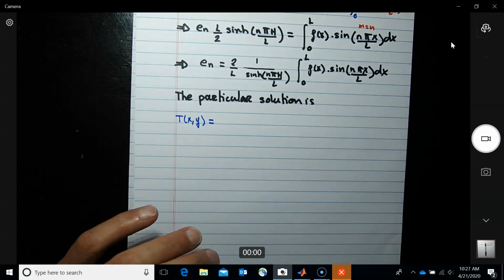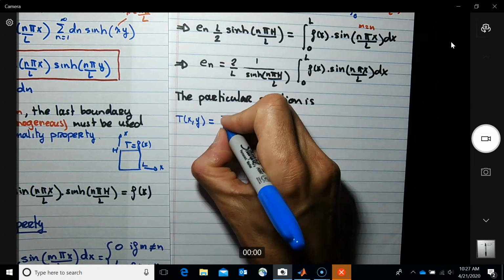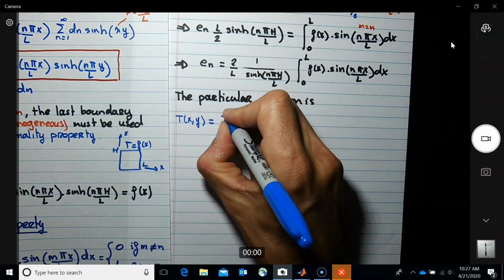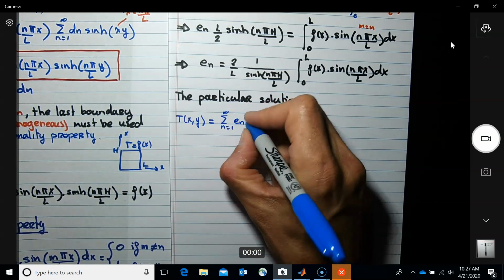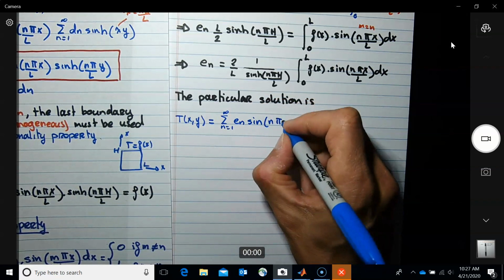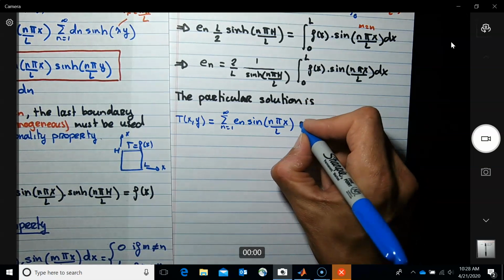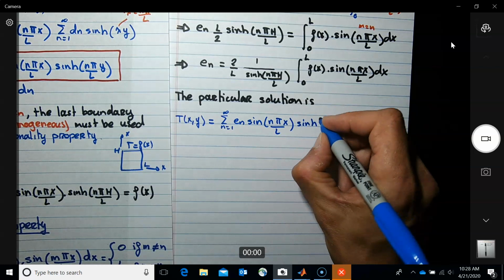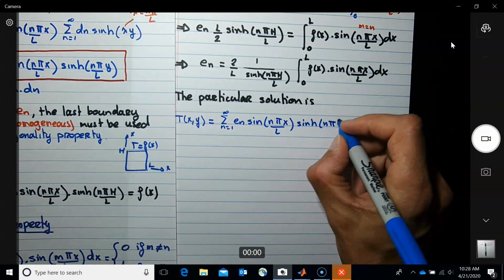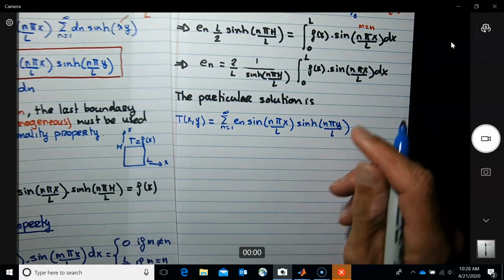Let's just remember the general form was equal to the summation n equal to 1 to infinity E sub n sine n pi x over L sinh n pi y over L.